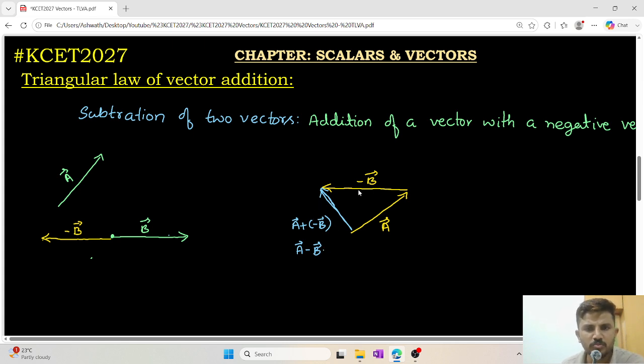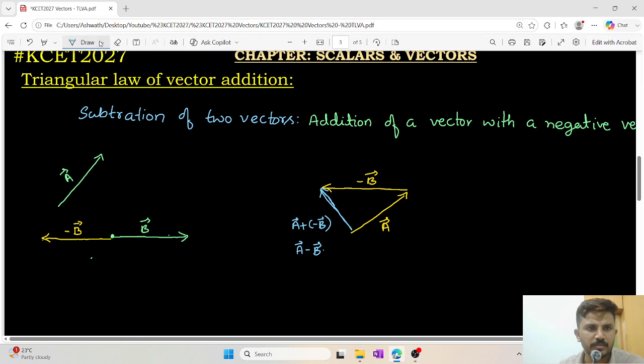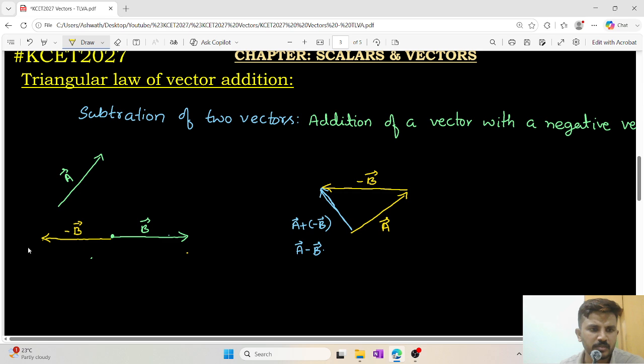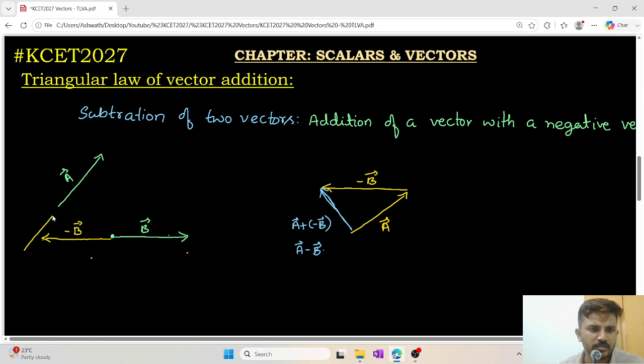Sir, how to do b minus a? Simple, you need to find the negative of vector a. So if you find the negative of vector a, that will be like this.